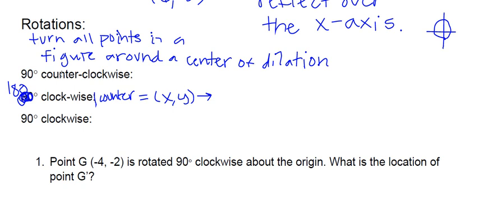So in a 180 degree rotation, the coordinates stay in the exact same spot, but both of them change signs. So if the x was positive, it becomes negative. If it was negative, it becomes positive, and then same with the y. So the trick about clockwise and counterclockwise is the direction.